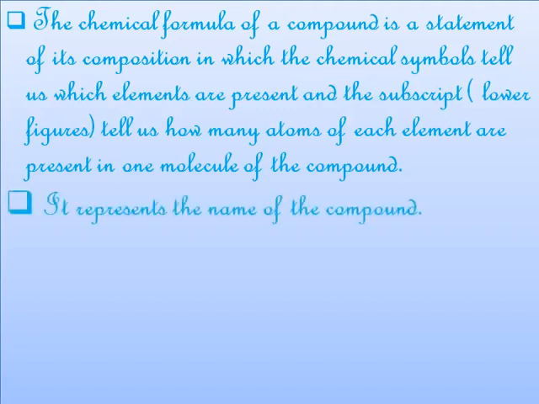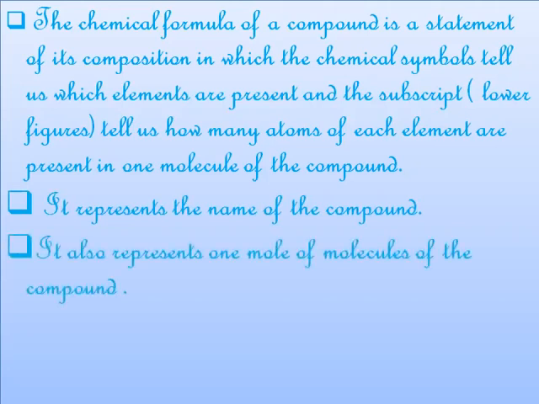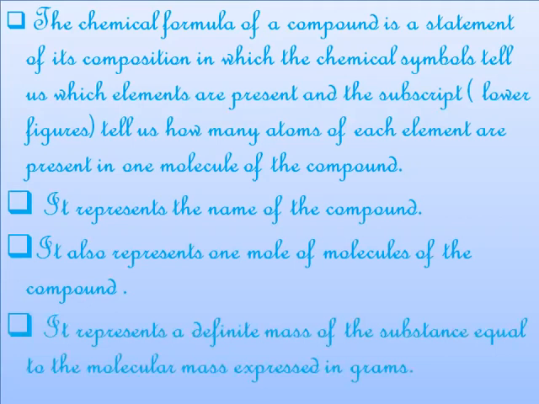It represents the name of the compound. It also represents one mole of molecules of the compound. It represents a definite mass of the substance equal to the molecular mass expressed in grams.